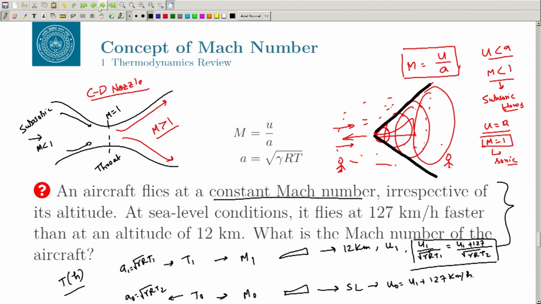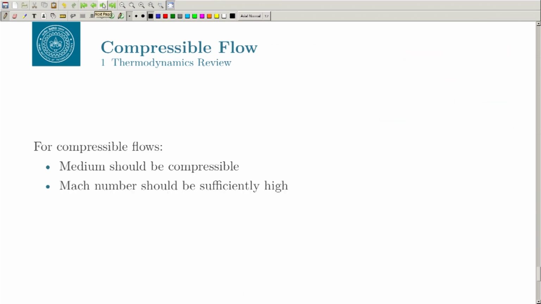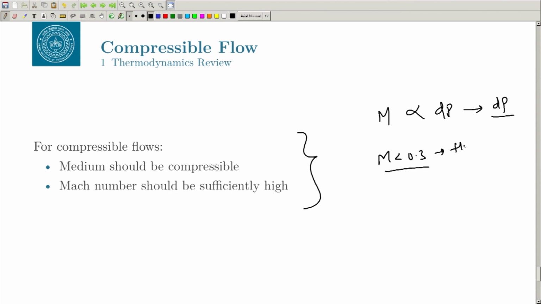Okay. So, with that we will stop for the class today, and I just want to end with a thought. We will get back to the relation between the Mach number and the change in pressure, which is related to the change in density. You might have studied in your classes that if the free stream Mach number is less than 0.3, then the flow can be considered incompressible.